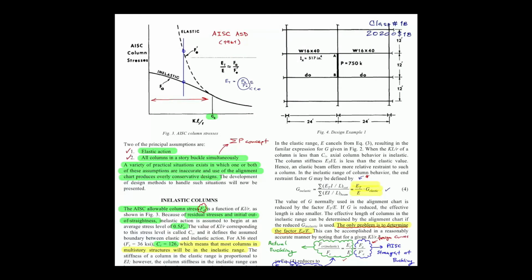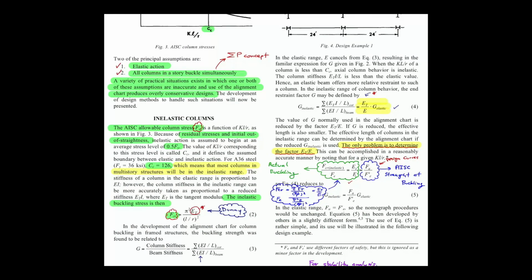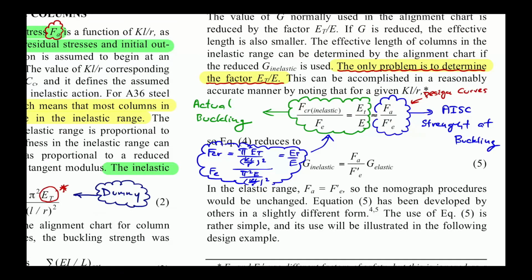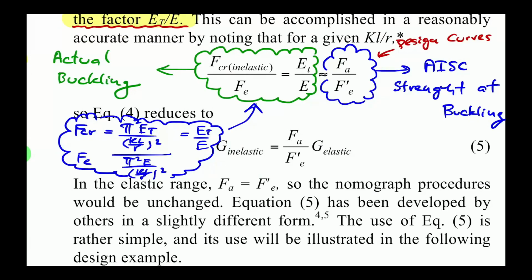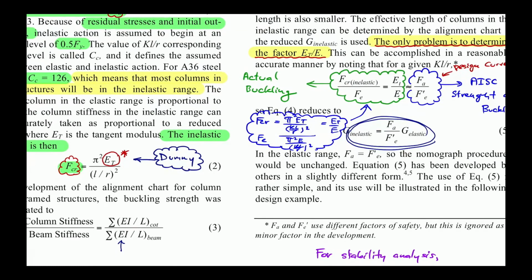So the tangent modulus is reduced from the initial elastic modulus. Okay, so we agree that we're going to use the AISC strength to come up with this ratio, and then since you have, well, this is sort of, how to say, a little sloppy.